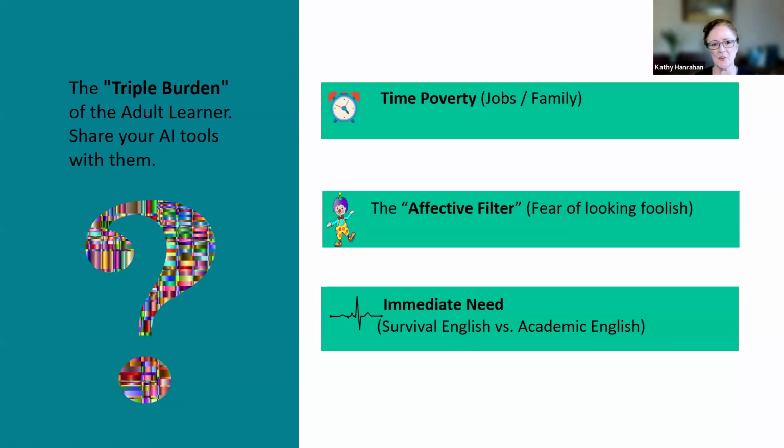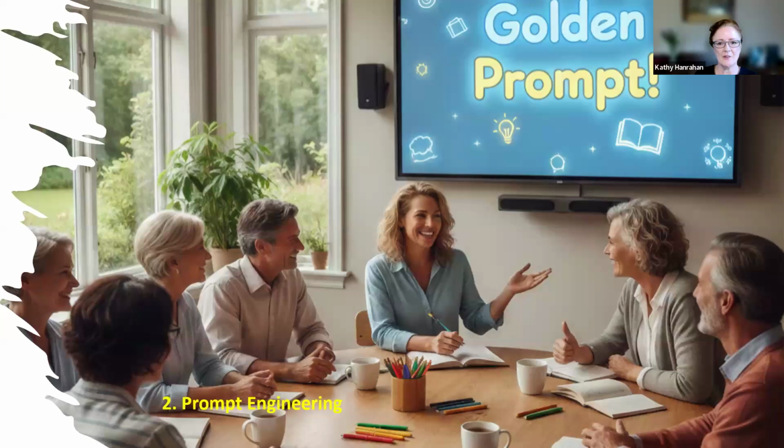I don't know what your schedules are, but most of my groups only have 2 classes a week with me. Some of them only have 1. So share the tools as you discover them, so they can practice and improve their English at home and come back to you with their questions. Okay, so that's great. Now, let's move on.